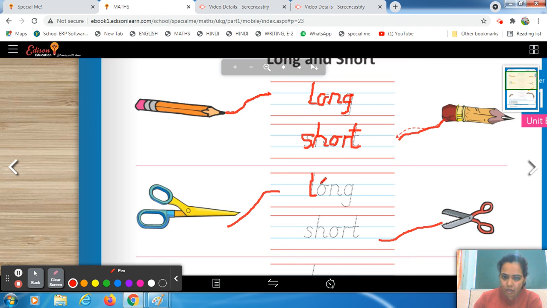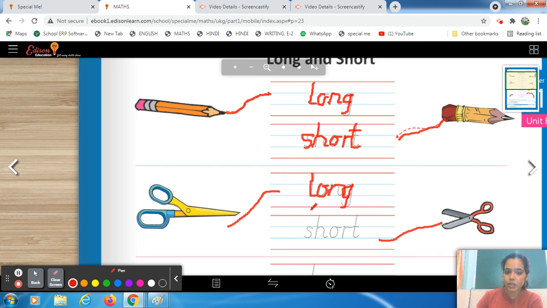Okay, you just have to trace it. The word is already written, but in the dotted lines you have to trace it, LO. And I want that you will speak while writing those words, ताकि आपको learn भी हो साथ साथ, ठीक है. LONG, long.